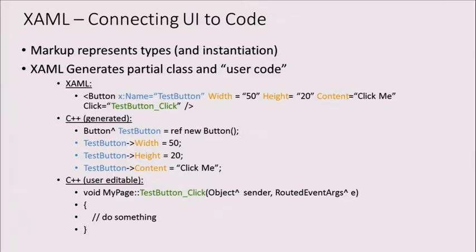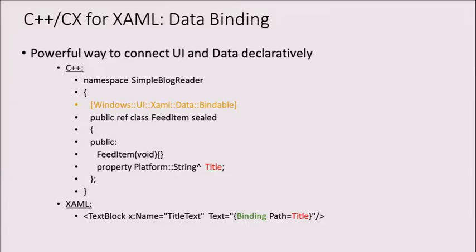You're creating an instance of the button class and assigning it to the variable test button, and you're assigning these attribute values on top of it. And then there is an event handler that is automatically generated for you. You don't even have to worry about these things. All that you have to worry about is how do you write the right code to handle that event when somebody clicks that button.